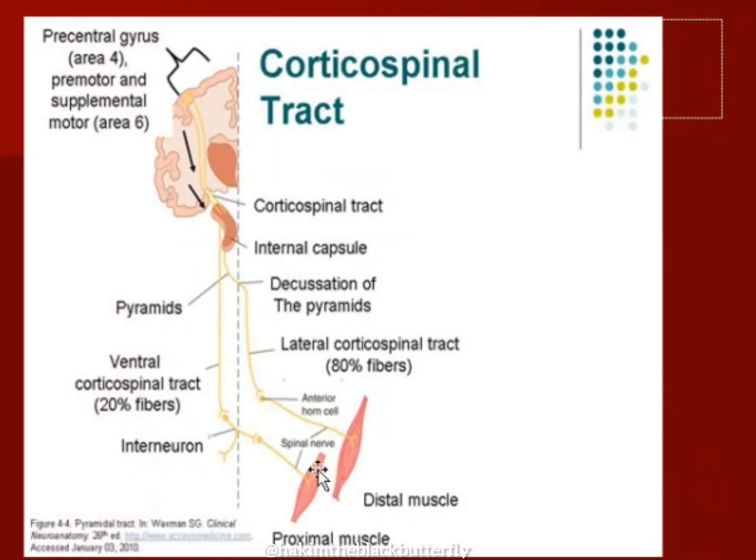And those coming through the anterior corticospinal tract are going to supply muscles of the neck and upper thorax. Those are our corticospinal tracts, and that is how they move.